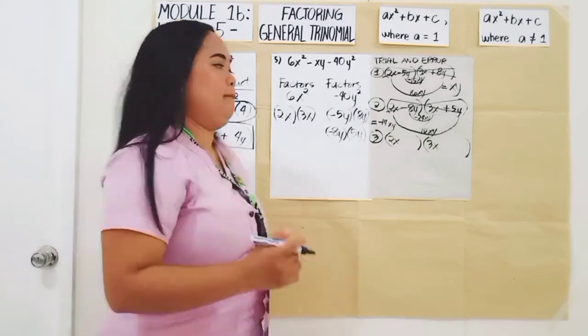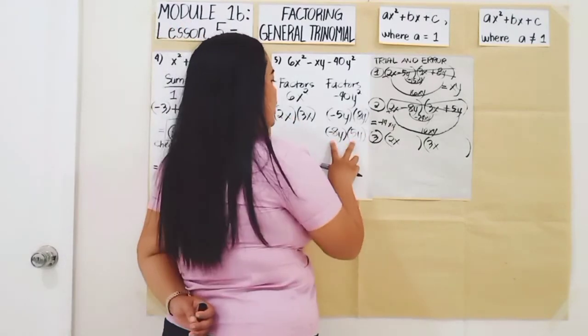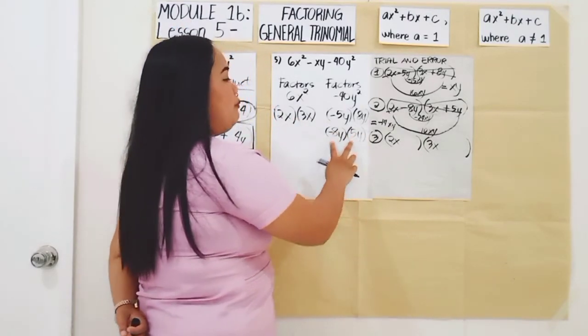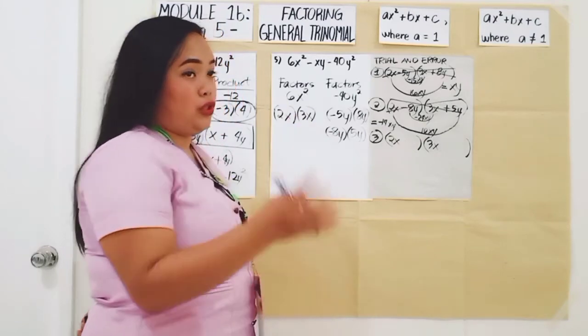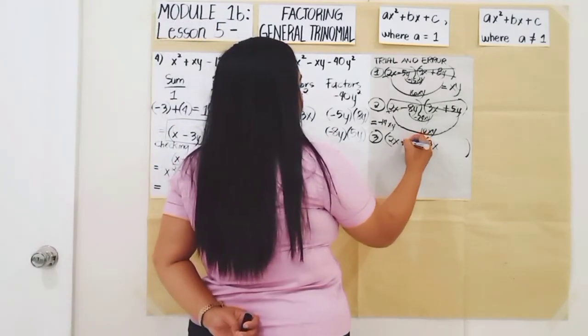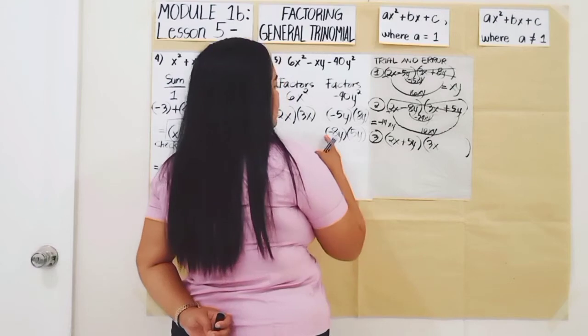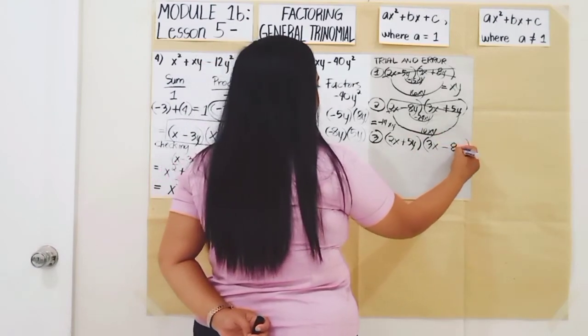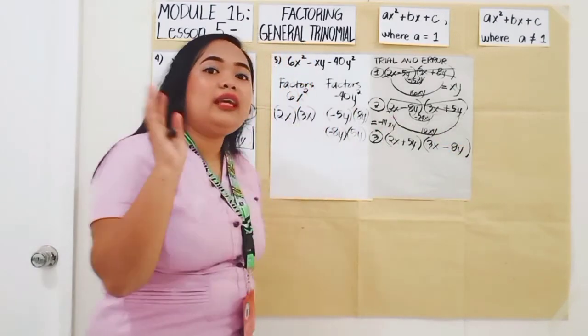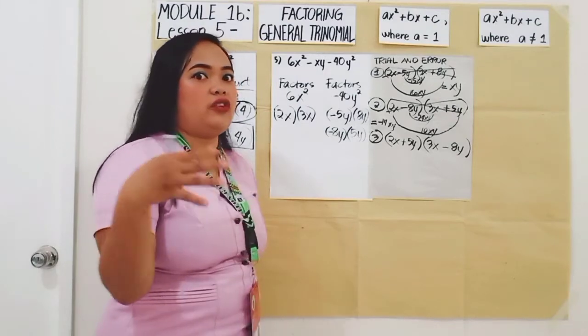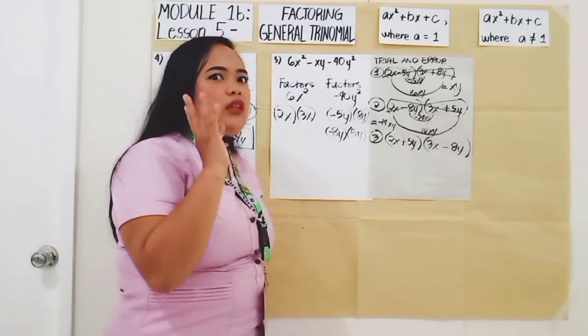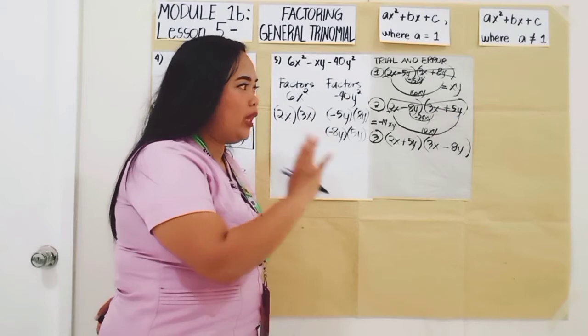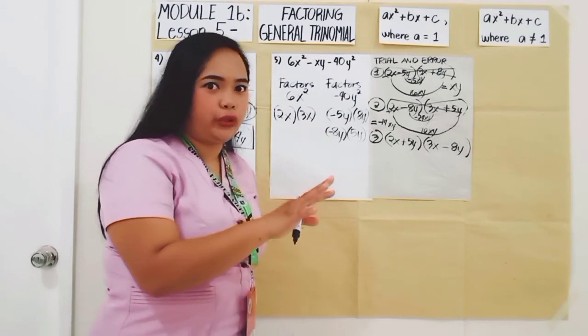And then, let us use these factors but in a different position. Okay? So plus 5y and then minus 8y. So the goal here is trial and error. So meaning to say, if it does not work, then that's not your factors.